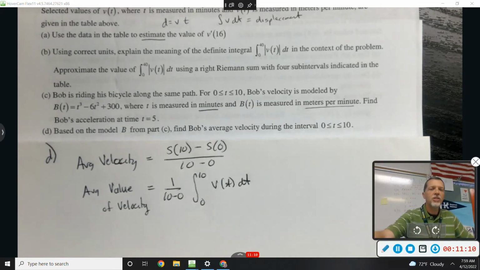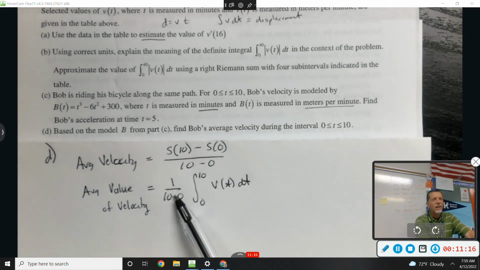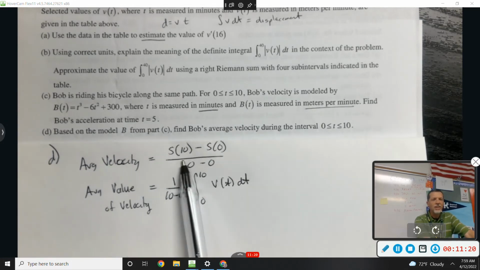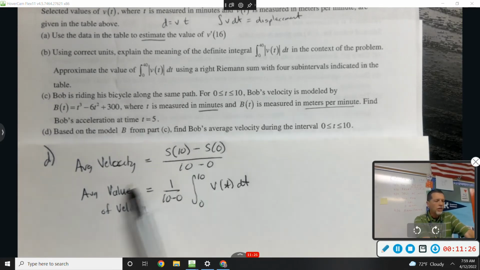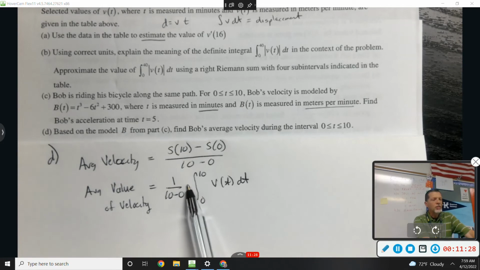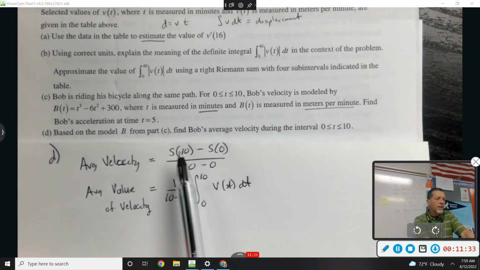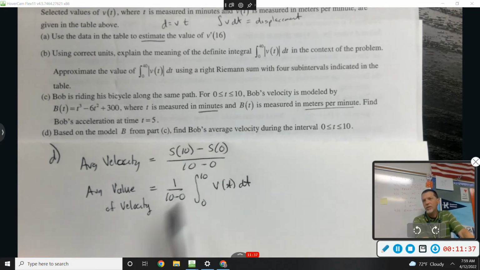Emily, is your question answered now? These are the same thing. Because I had that same issue. I started this problem and I thought, well, this is average velocity, just change in position over change in time. But we don't have change in position, so what's going on here? Well, average value is also this formula, and so we don't know exactly where he is at 10 and 0, but we can figure out how much he's changed from 0 to 10.